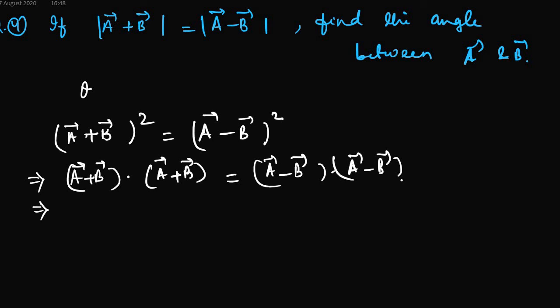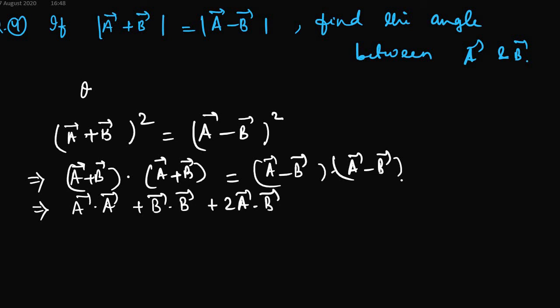I will write them down with the same notation and I will solve it according to our algebraic formula. A plus B whole square formula, A minus B whole square formula. We will open it up, of course. So A dot A plus B dot B plus 2A dot B.